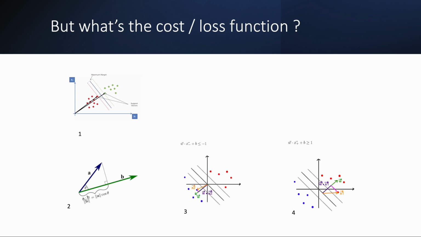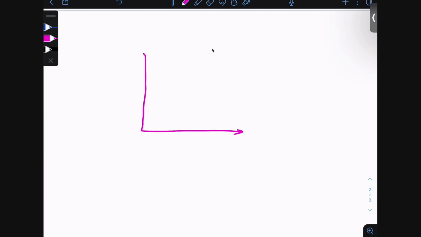To understand it, let's assume that on our Cartesian plane we have two vectors, A vector and B vector, and the angle between them is theta. Now there is something called the dot product, or the inner product.